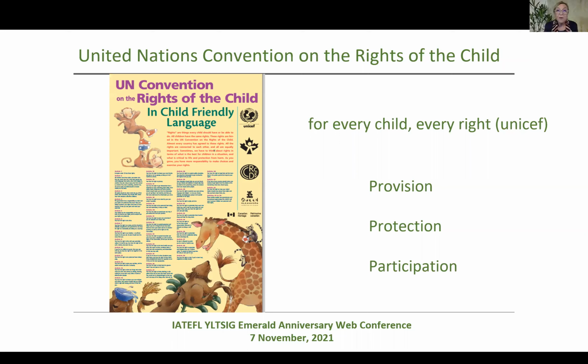As we've seen, there are tensions and there are constraints, but it's about children sharing in decision-making and about taking part, not taking charge. So let's move on now and have a look at children's language learning rights.